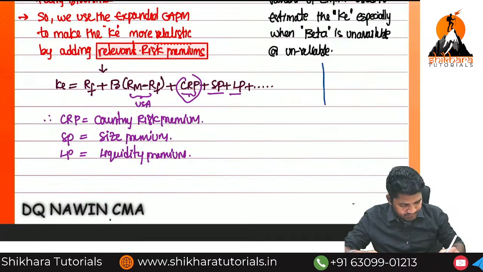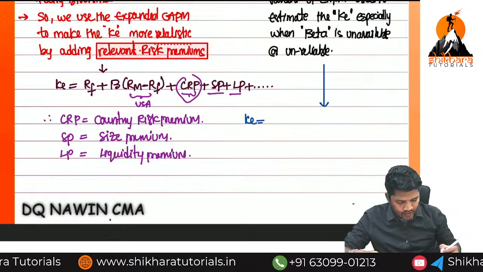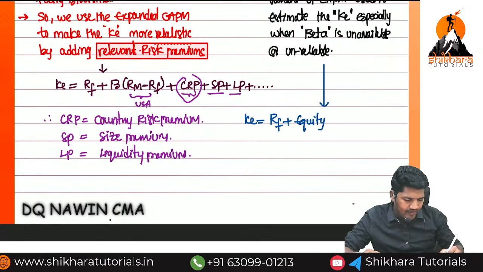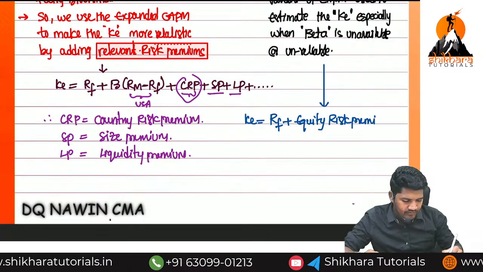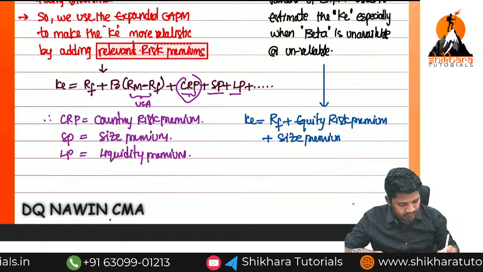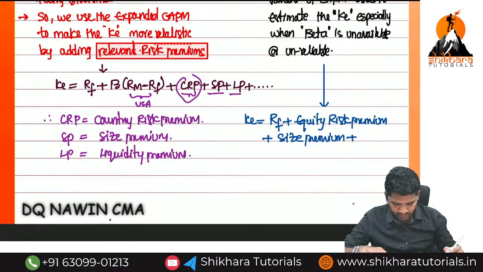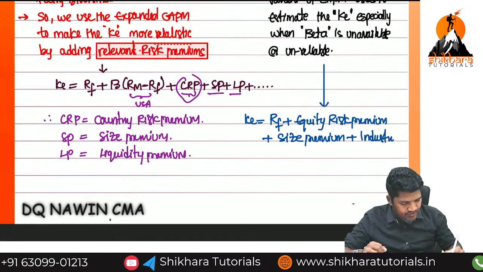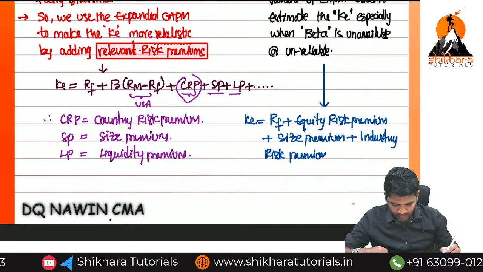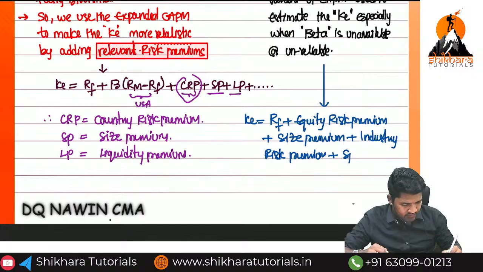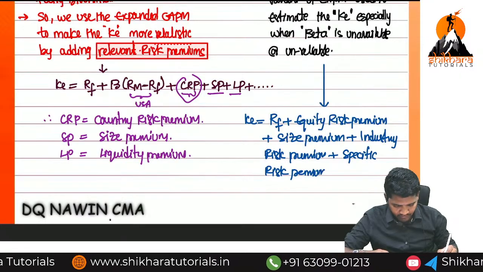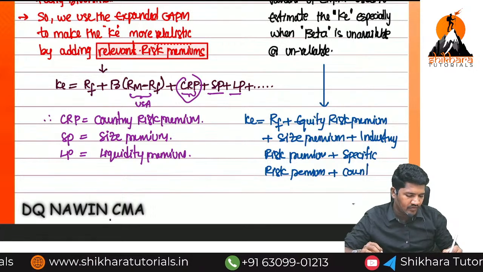When it comes to the calculation, KE equals RF plus equity risk premium plus size premium plus specific risk premium plus country risk premium.